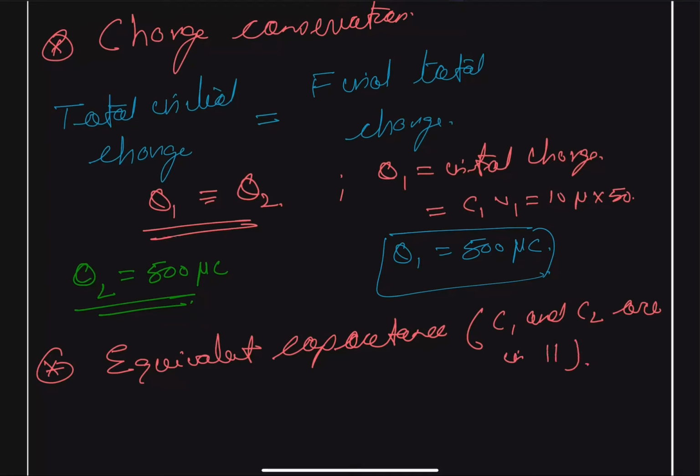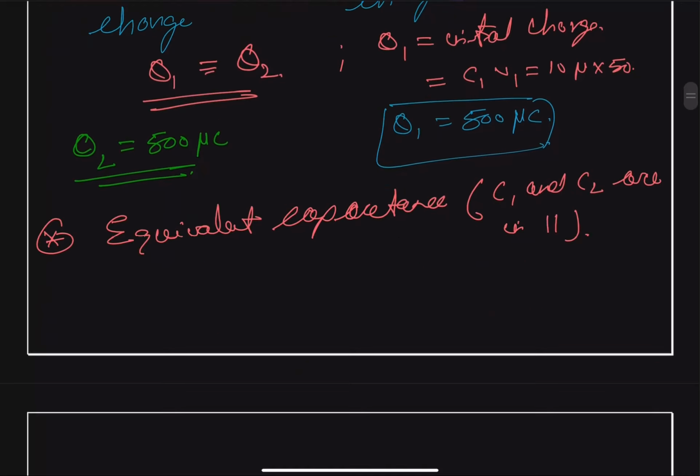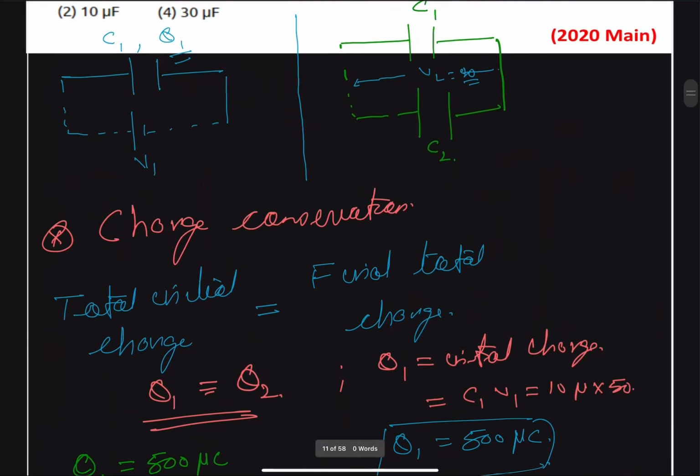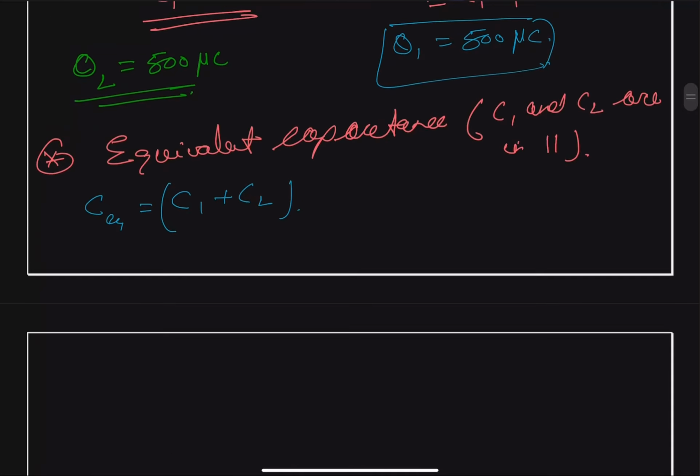So we get our C equivalent will be equal to C1 plus C2, and the common voltage across them is given as V2. So we are given that the common voltage is our V2, value is given to us as 20.